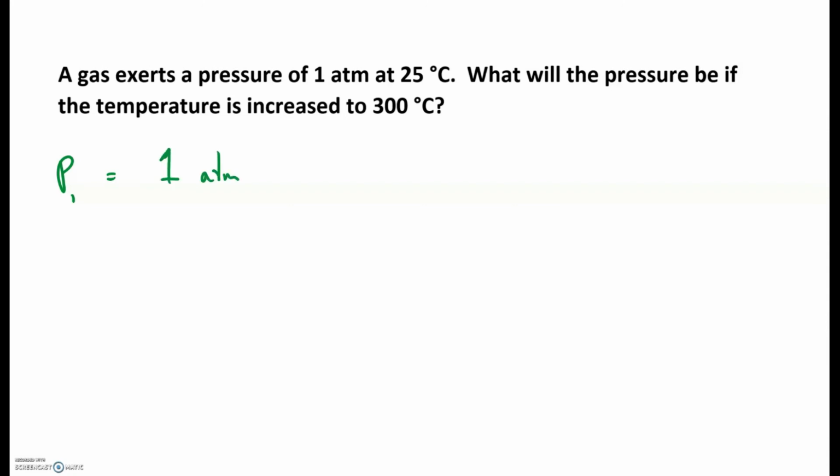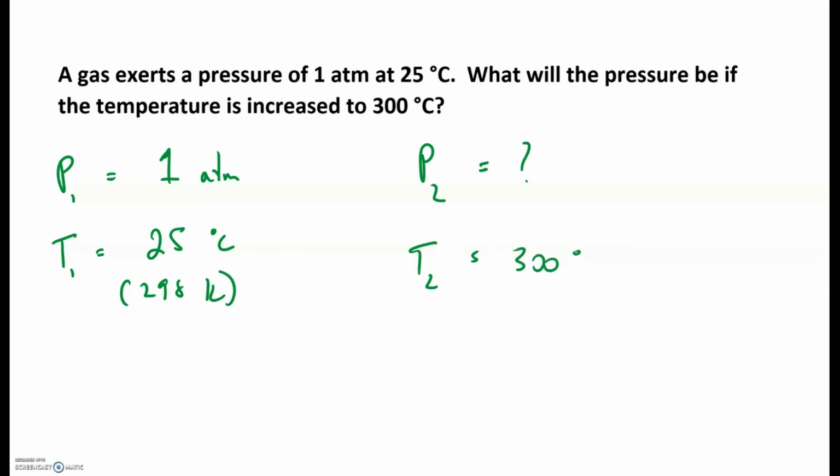So we know that initial pressure is 1 atmosphere. We know that initial temperature is 25 degrees Celsius, but we gotta get that into kelvins by adding 273, so we'll call that 298 kelvins. We're trying to find the new pressure at a new temperature of 300 degrees Celsius, otherwise known as 573 kelvins.